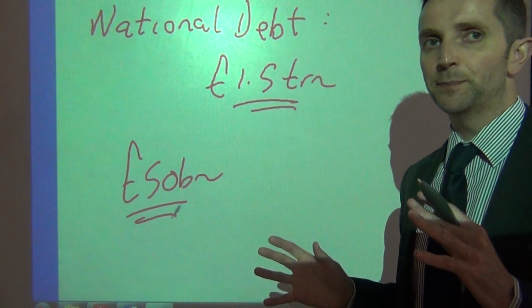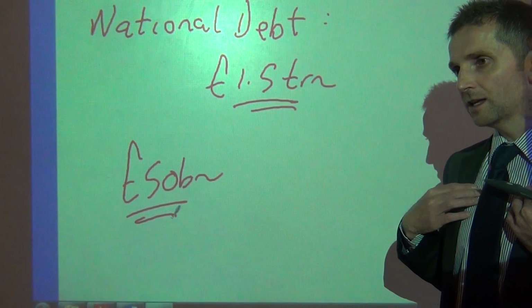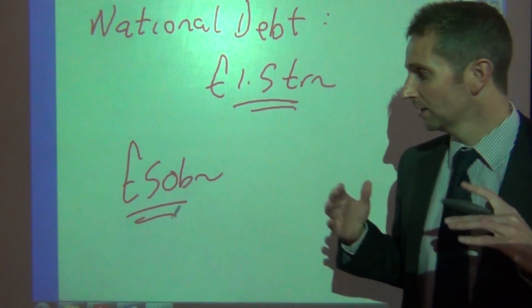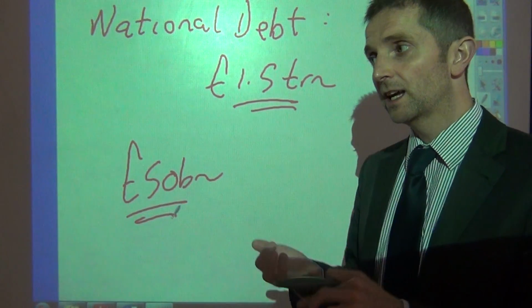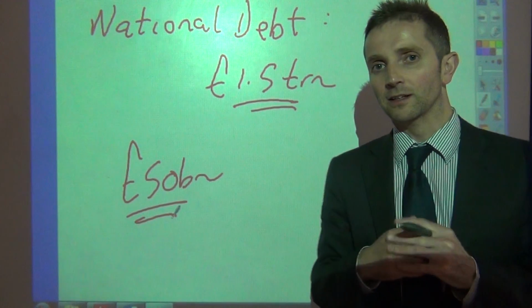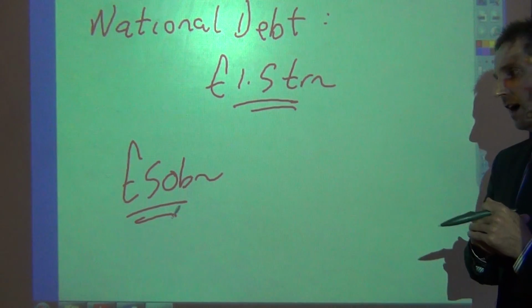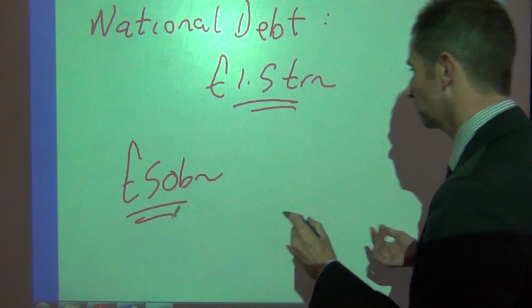Well, there's 50 billion which you're taking out of the money pot, and it's not available to spend on things like health, education, increasing teacher salaries, that type of thing. And as a consequence of that, that is all obviously going to put a brake on growth.